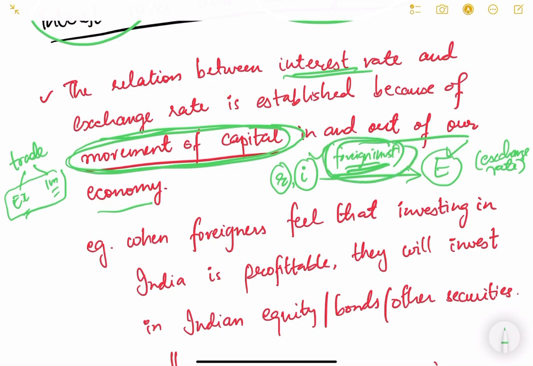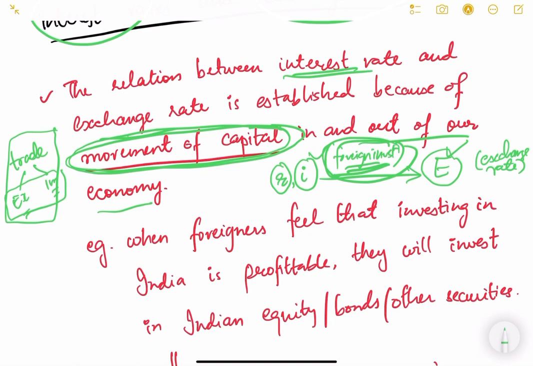Okay, capital flows meaning investment in shares, investment in equity, in bonds, external commercial borrowings, etc. So everything in the capital account of balance of payments far outweighs the transactions in your current account, that is in the trade. So that is the reason why the capital movements determine the relationship between interest rate and exchange rate.